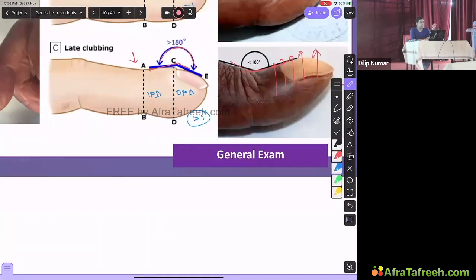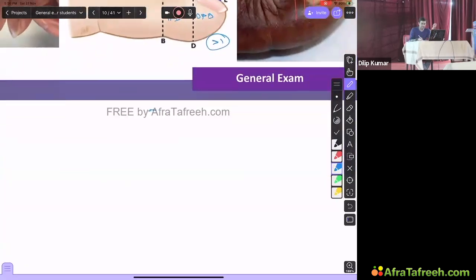Now the final thing, digital index. This is very easy again and very difficult to do also. What is DI, digital index? What they tend to do is add the diameters of the distal phalanx, so the distal phalangeal diameter of all the fingers. That's why I wrote sigma there.